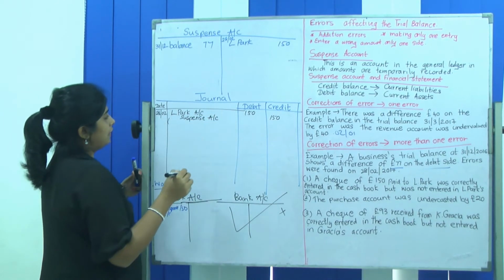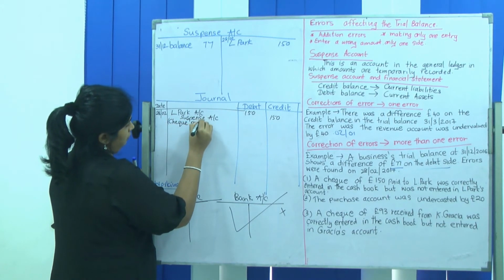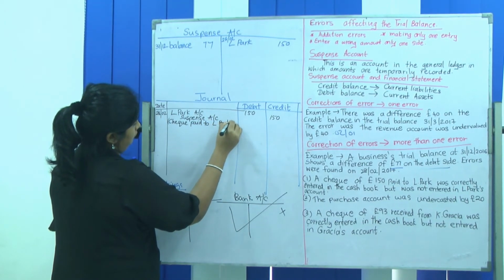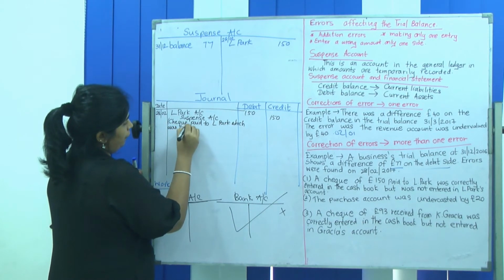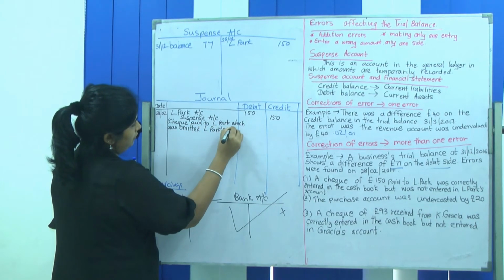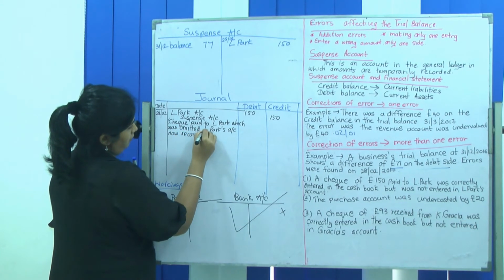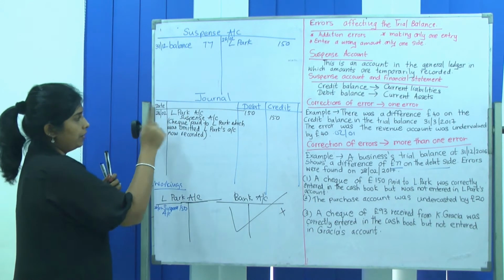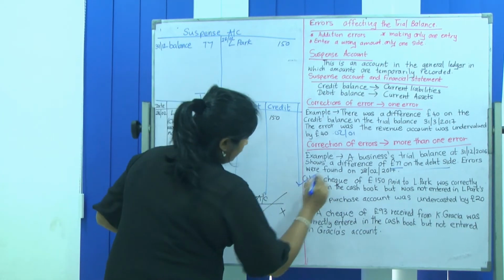The narrative can be: check paid to L Parker, which was omitted from L Parker's account, now recorded. So to correct the first error, you debit L Parker's account and credit the suspense account. The first error was corrected.